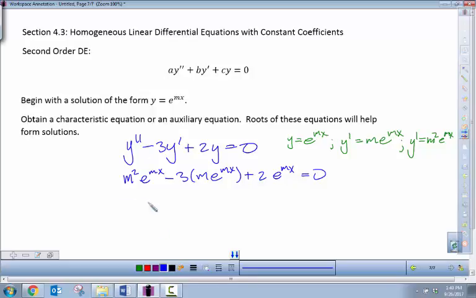Now, when you take the exponential functions out, you can actually divide them out because they're never 0, so you can get rid of them. You have m squared minus 3m plus 2, which is kind of like the original differential equation, right? So this is called your auxiliary equation.